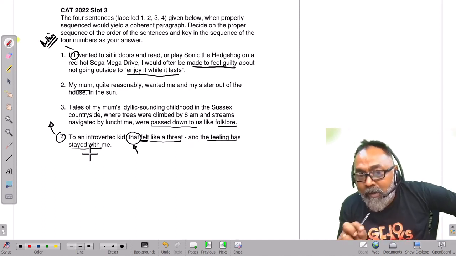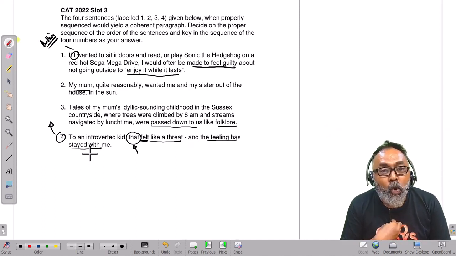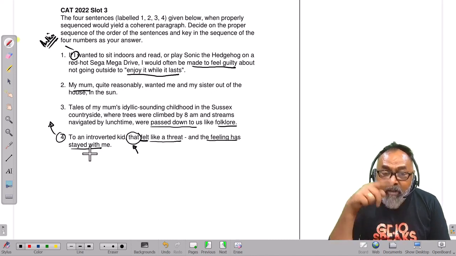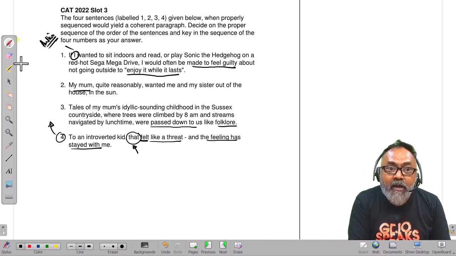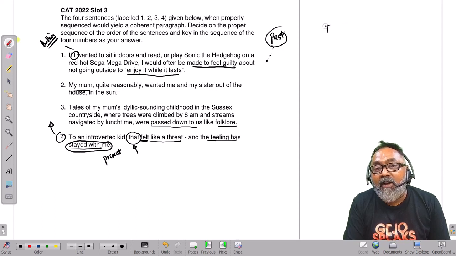Okay. So now a couple of things I am able to gather. One, I can see this is a discussion about the past. The author is discussing the past, and the feeling has stayed with me is in the present. So I can see a temporal sequence here.